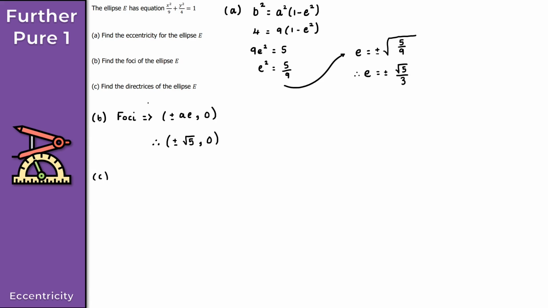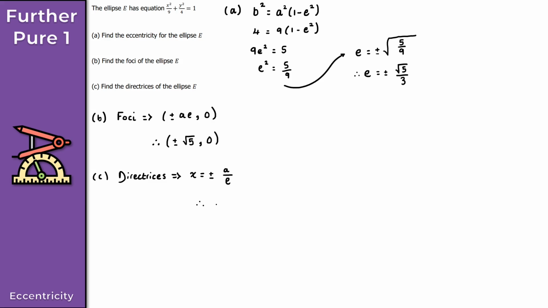just recall that the directrices of the ellipse E here would be given as follows. So let's just write this down here. The directrices are given as x equals plus or minus a over e. As we've already mentioned, a is the square root of 9, so a is 3.